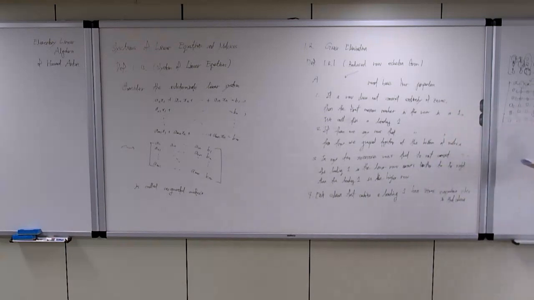And by making this form from our system of linear equations, this term is the right side of the equations, and this term will be the variable unknowns, and we can get the corresponding linear system.